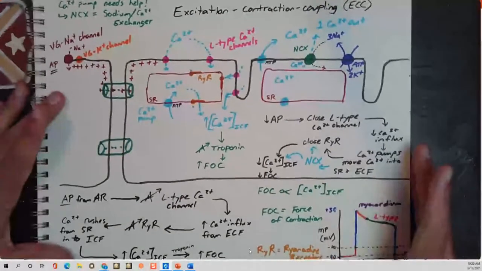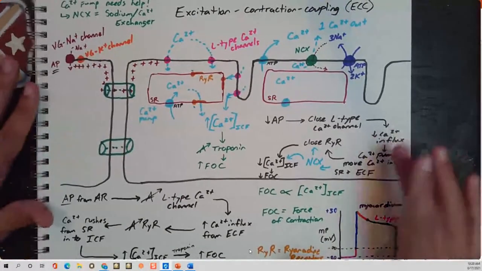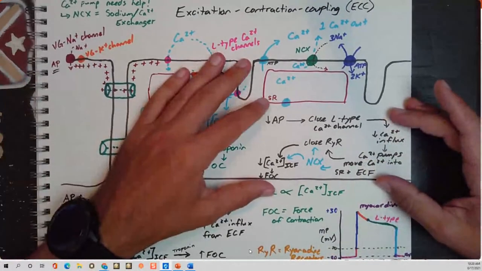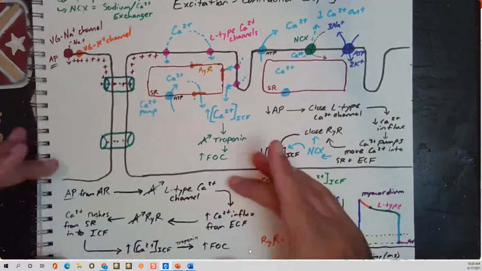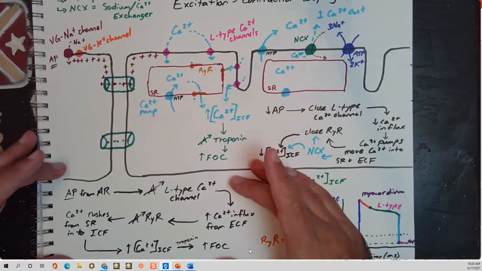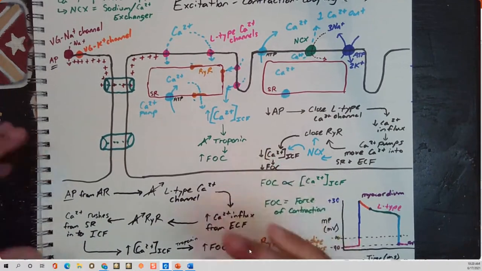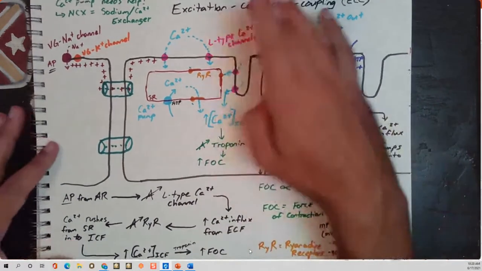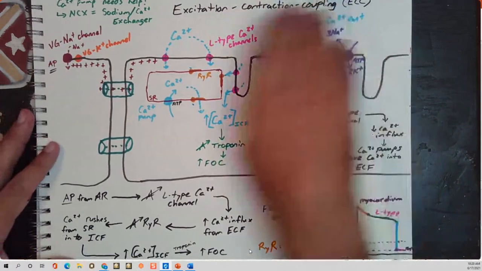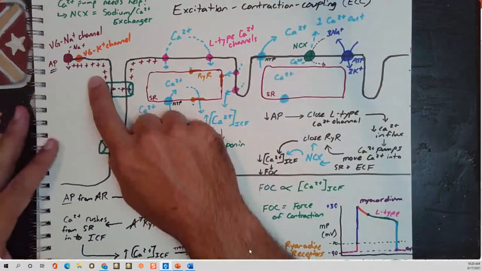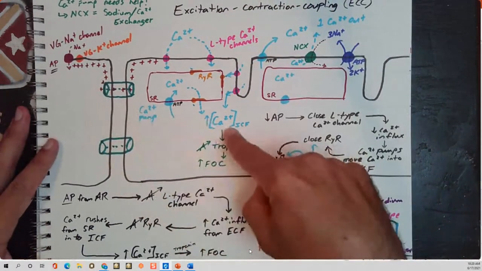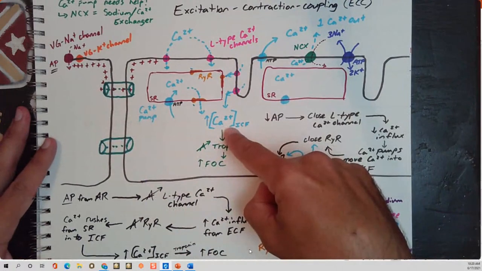I know when you look at it, there's a lot going on here too, but I have flowcharts for everything, and ultimately what we're looking at is this little thing right here for relaxation, and this little thing right here for contraction. And what we said was that if we have excitation-contraction coupling, an autorhythmic cell sends an action potential to the contractile myocardium.